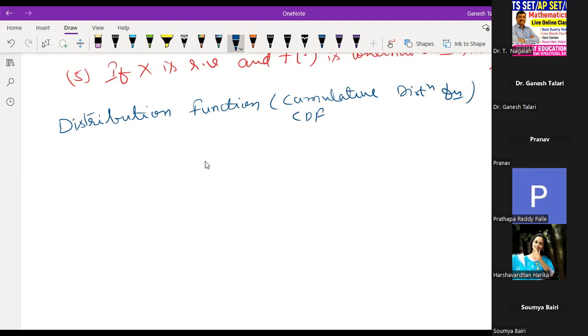Now we can write a simple thing. A simple definition of distribution function is the probabilistic nature of a random variable. What does that mean? The probabilistic nature of your random variable is your distribution function. Simple.